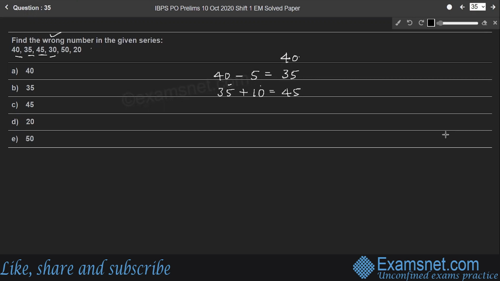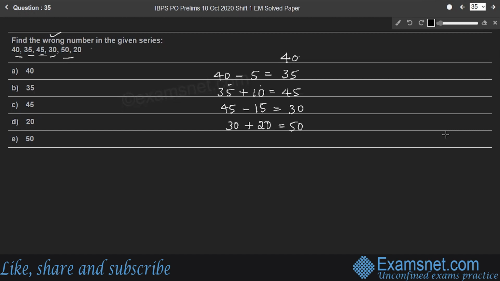Consider the fourth number 30 and its previous number 45. Therefore, a number should be subtracted from its previous number to get 30, right? The next number is 50, and its previous number is 30. To get 50, a number should be added. That number is 20. 20 should be added to 30, right?